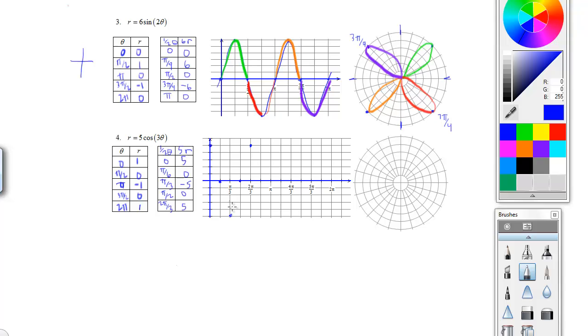Alright, and then we're going to fill in the rest of this with the same pattern. It's just going horizontally 1 square and then up and down between 0 and 5 and negative 5. So just following the same pattern.